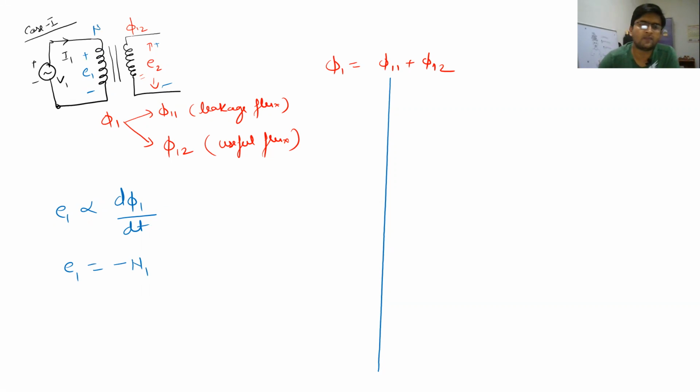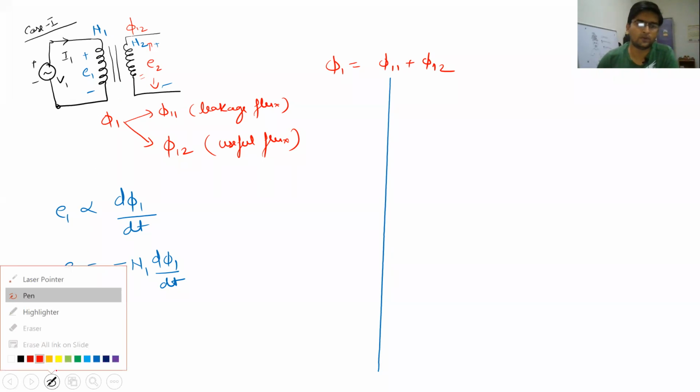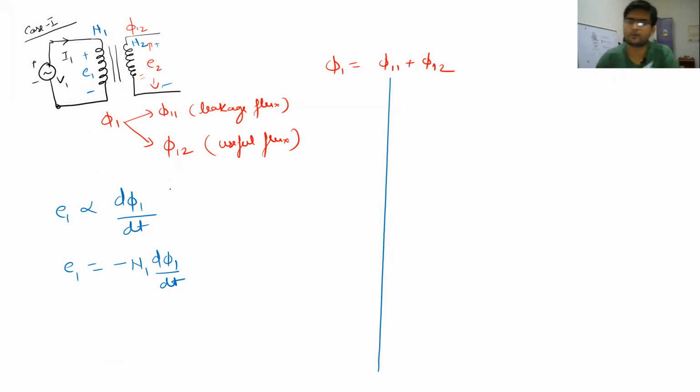And you have already studied that it will be equal to minus N1. Suppose there are N1 turns in the primary winding and N2 turns in the secondary winding. So it will become minus N1 times d phi 1 upon dt. This equation you already know from Faraday's laws of magnetic induction. And since in the primary winding the whole phi 1 flux is generated, we have taken the whole phi 1 in this equation.